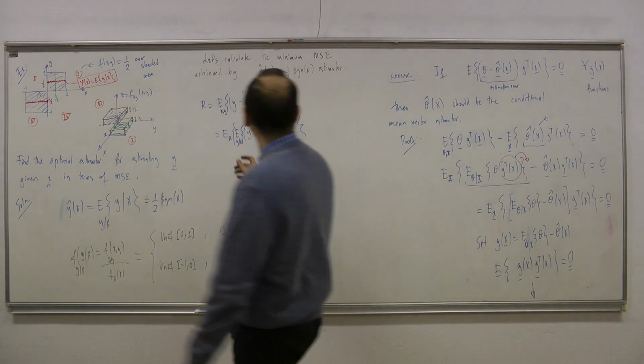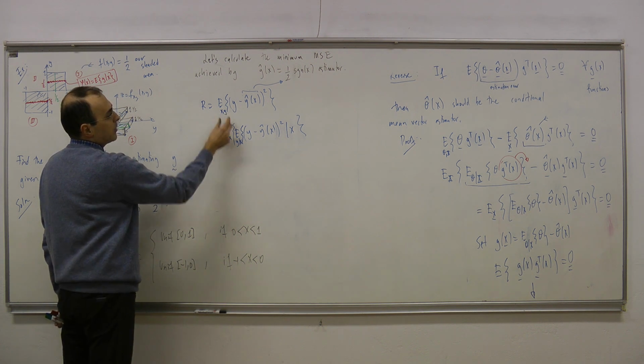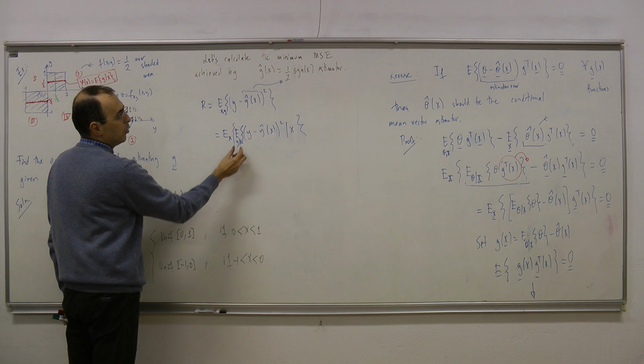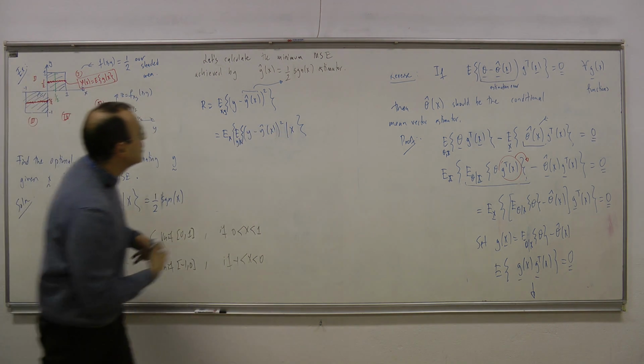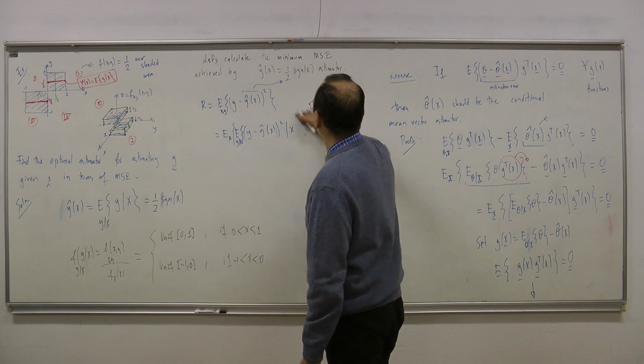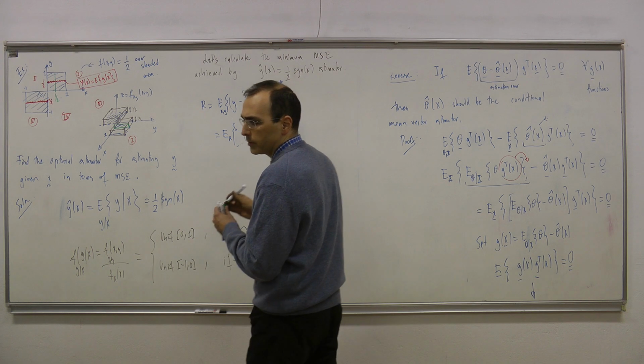So what did I do? Again, iterated expectations. So this is the joint density of x and y. This is x times conditional density. So inner, this is this one. Let me write this again.